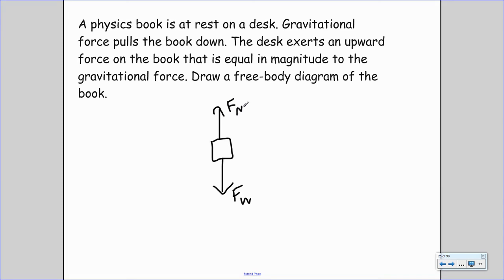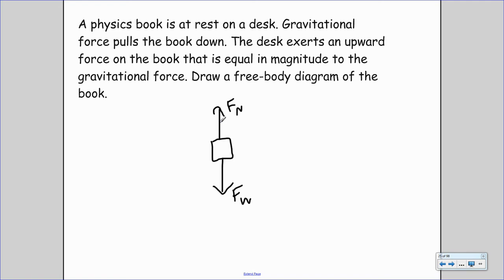It says they're equal in magnitude to the gravitational force, so I'm going to make the arrow about the same length as the one here. The weight down is equal in magnitude to the normal force back up. No numbers are given in this problem, so I don't have to label any of that, but that's what the forces would look like.